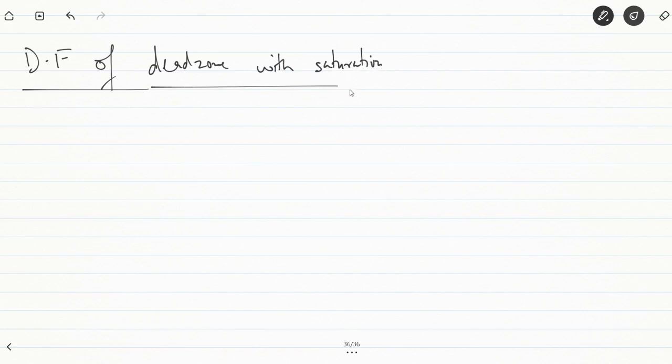Let's do another case. Let's do the describing function of dead zone with saturation. So we are now using two different non-linearities together.